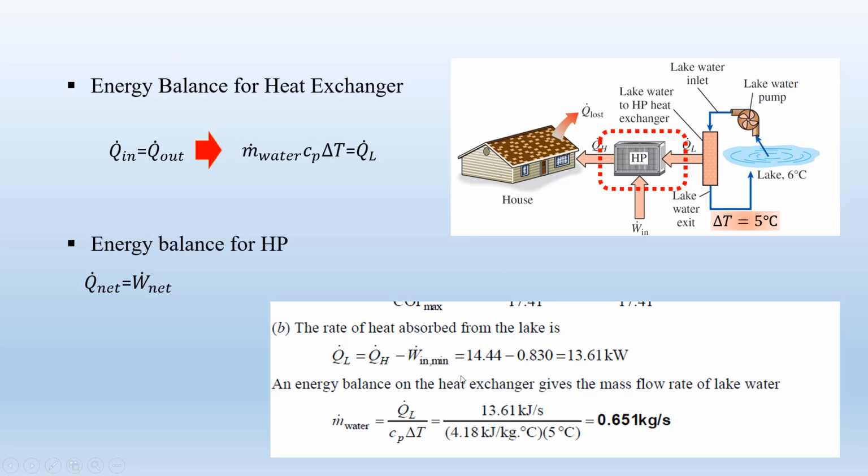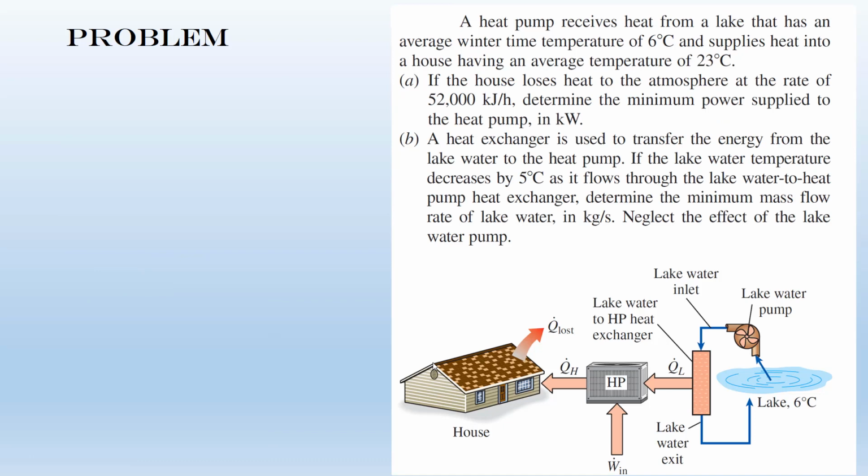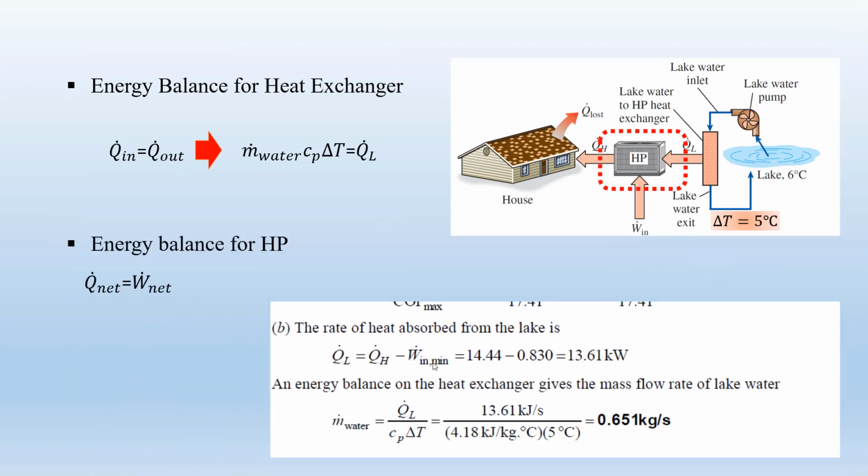To answer this question, we need to go back to this equation. Look, guys, into this equation, you substitute the W dot in min. Sorry, let's go back to see if you are asked to find the W dot max or min. Yeah, the minimum, right? Okay. So look, guys, here you have the W dot in min, correct?